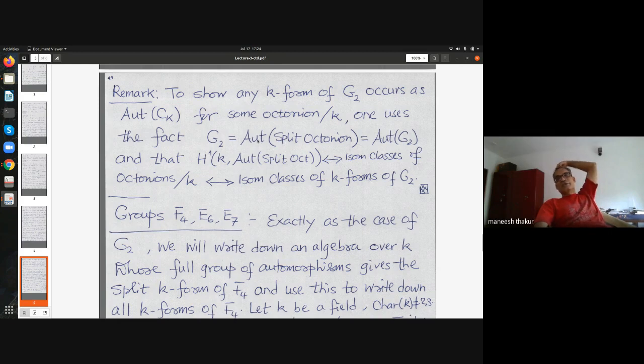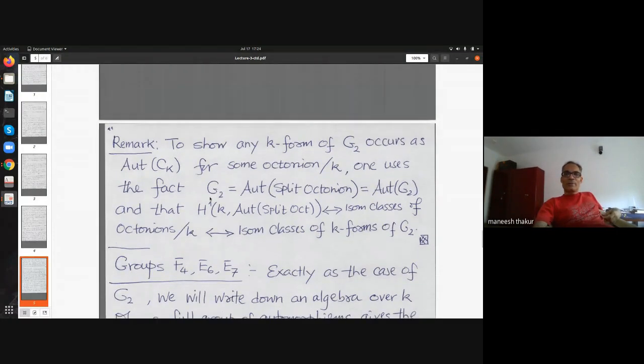We are looking at fixed points of an automorphism group. So that will give me an automorphism group of something fixed by the Galois action, and that is the octonion algebra we are looking at. So any group of type G2 is the automorphism group of some octonion algebra. This is roughly the idea.